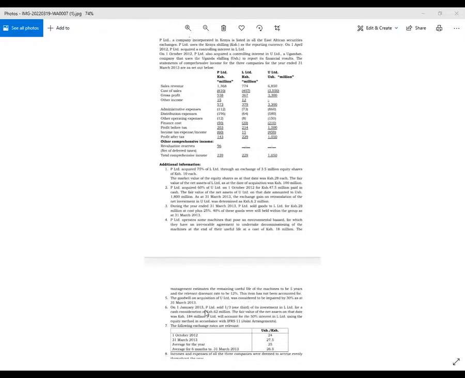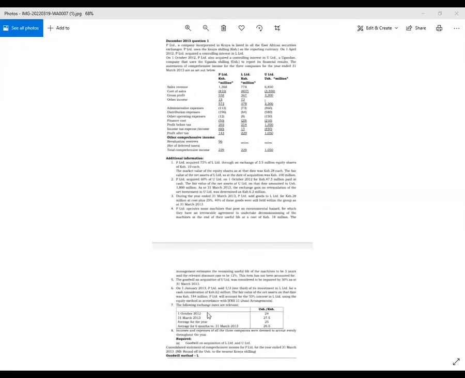On 1st January 2013, P Limited sold one third of its investment in L Limited for a cash consideration of Kenya shillings 62 million. The fair value of the net assets on that date was 184 million. P Limited will account for the 50% interest in L Limited using the equity method in accordance with IFRS 11 Joint Arrangements.